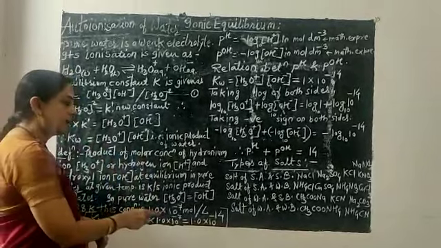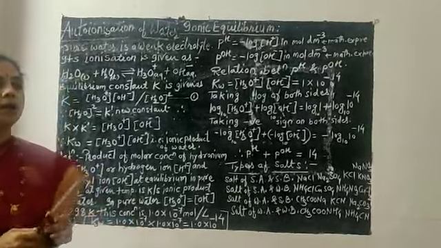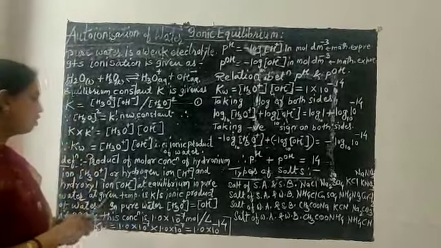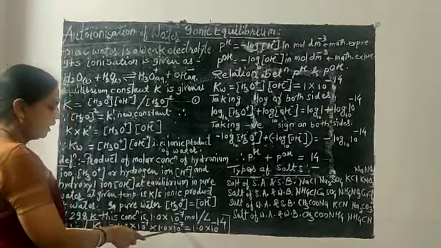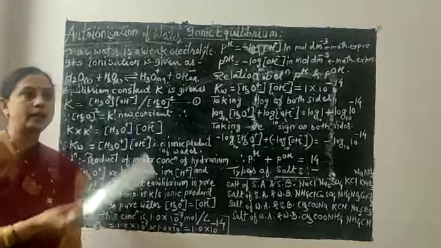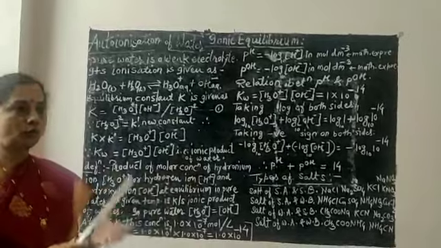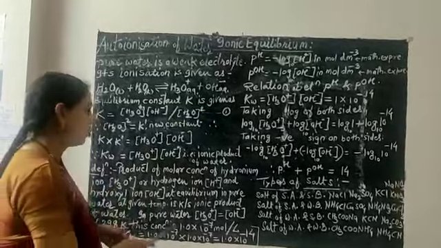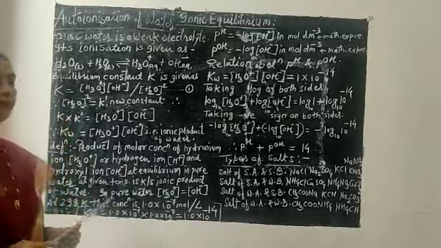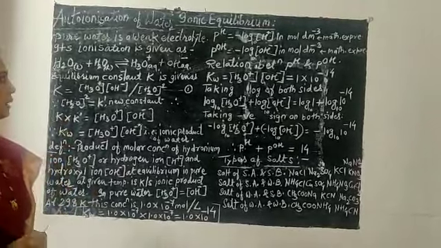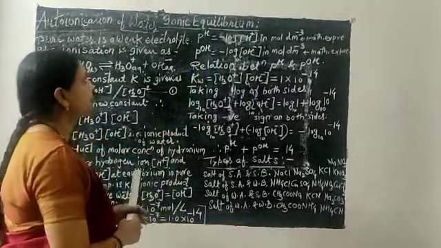The OH minus ions concentration in pure water is 10 to the power minus 7. But on the addition of base, the concentration goes on increasing. That means it becomes 10 to the power minus 8, minus 9, minus 10, minus 11, minus 12 up to 10 to the power minus 14. So accordingly, a scale of concentration has been prepared, and it is known as the pH scale.